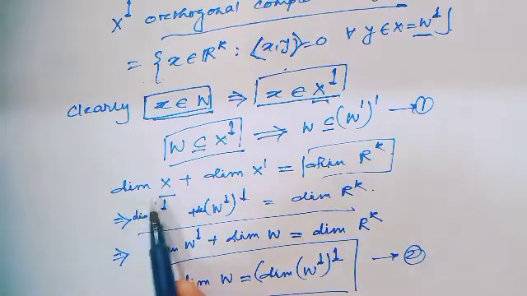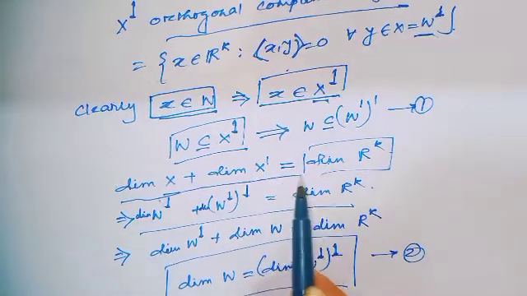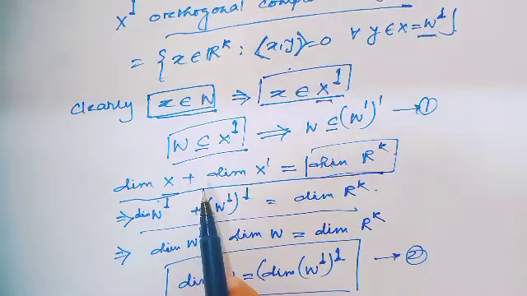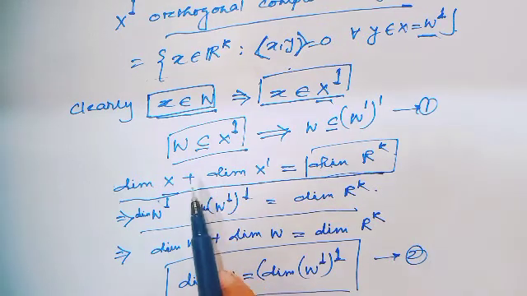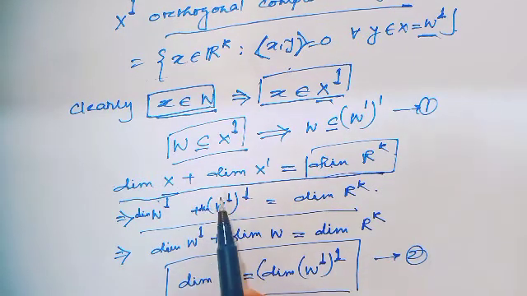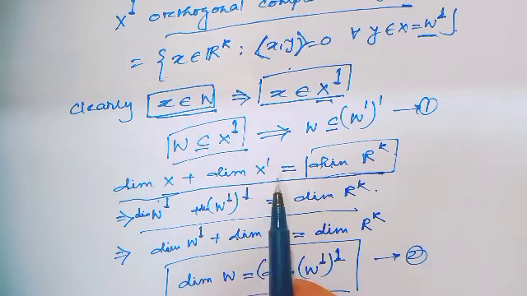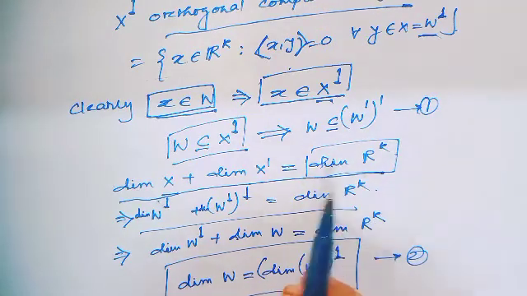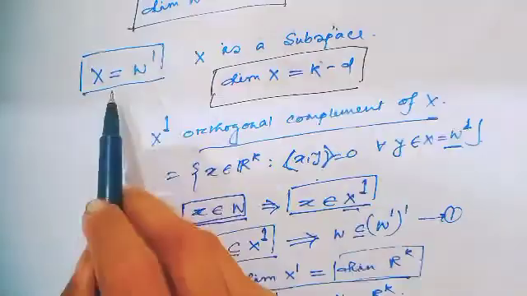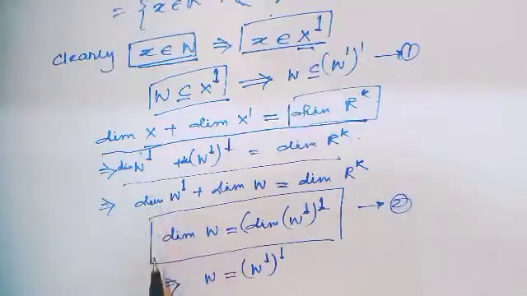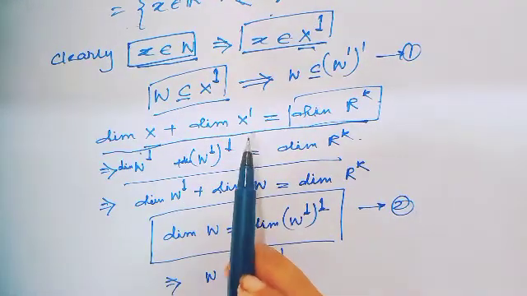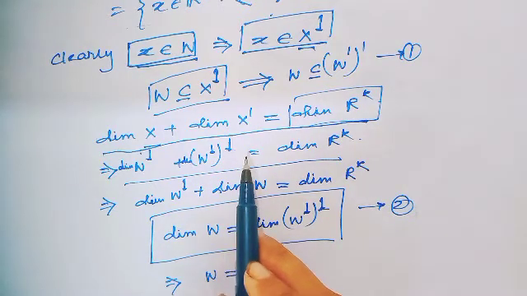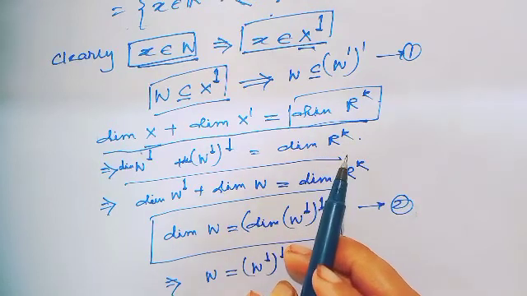We can tell the dimension of X plus the dimension of X perp equals the dimension of R^k, because we all know that for any subspace, the dimension of the subspace plus the dimension of its orthogonal complement is always equal to the dimension of R^k. And notice the dimension of X equals the dimension of W perp, and the dimension of X perp means the dimension of W perp perp, so these add up to the dimension of R^k.